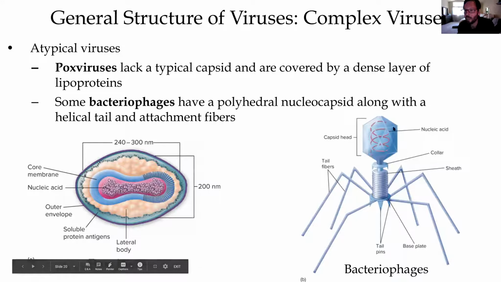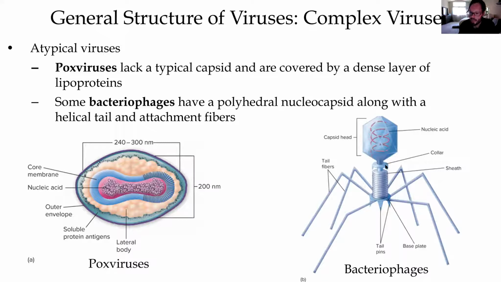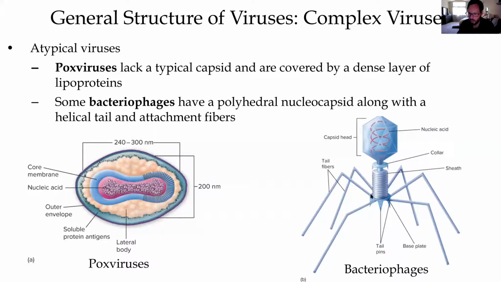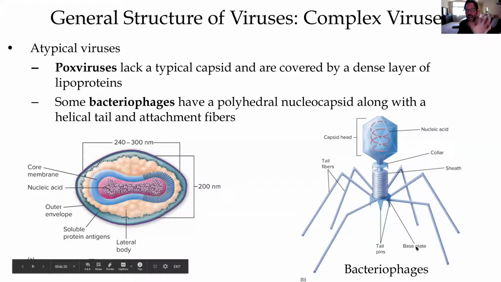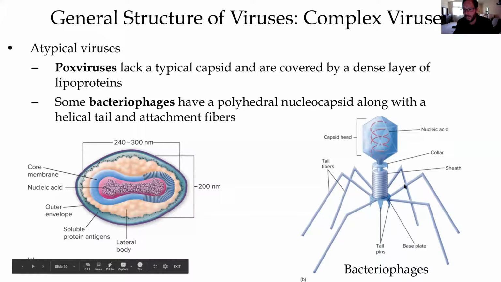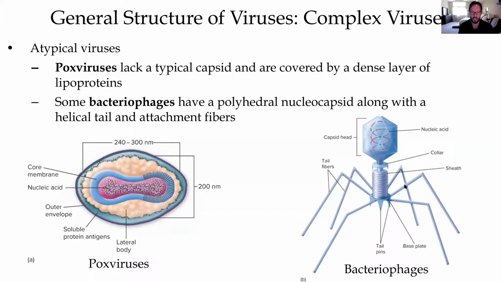It's got this capsid on top, and then these little legs coming off, these tail fibers. And don't worry about all this anatomy, like the collar and the sheath and the tail pins and the base plate. I'm not going to ask that on a quiz or on a test, but there might be an image of this and it'll be like, okay, well, what kind of virus is this? And you might need to know that this is what a bacteriophage looks like. Okay.